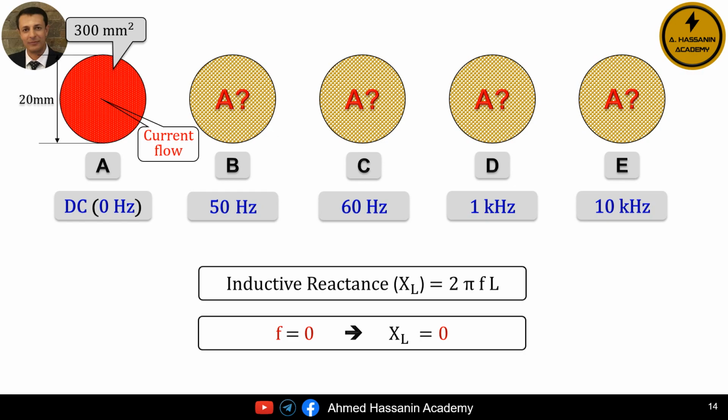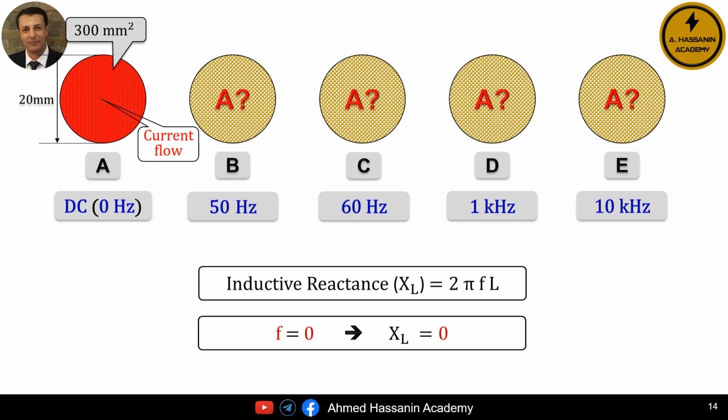Given that the frequency equals 0, and according to the equation for inductive reactance equals 2 pi FL, the inductive reactance will be 0. Consequently, there is no reactance or impedance inside the conductor. This means that the skin effect does not exist or is negligible. Thus, the direct current will flow through the entire cross-sectional area of the conductor, as we can see with the current shown in red.